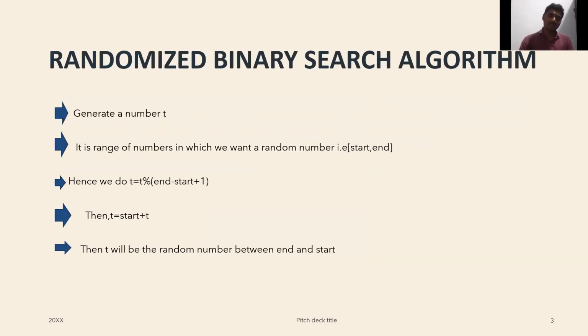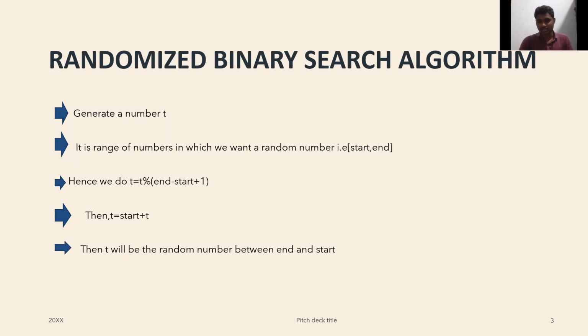Whereas coming to randomized binary search, here is the algorithm. First we generate a number t, any number, so that this number is the range of numbers that we need to input into the array. Next, t is equal to t modulus end minus start plus 1, and then t is equal to start plus t.